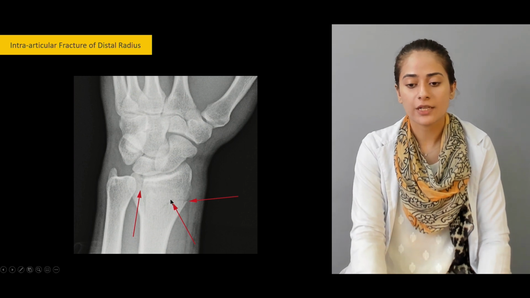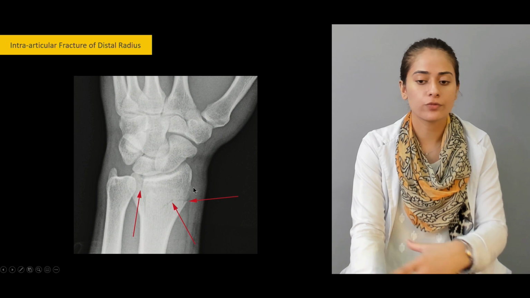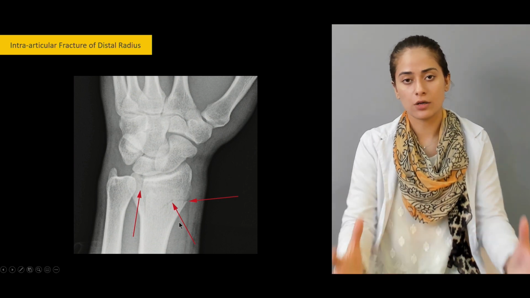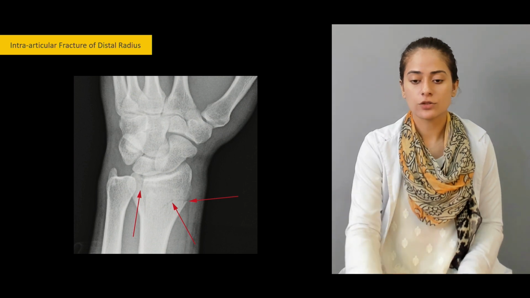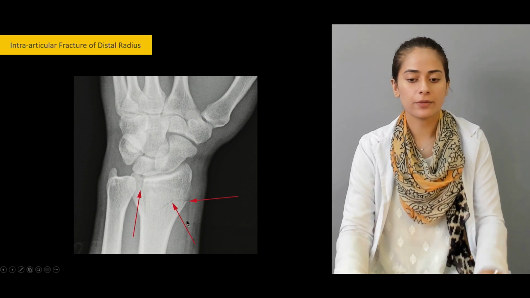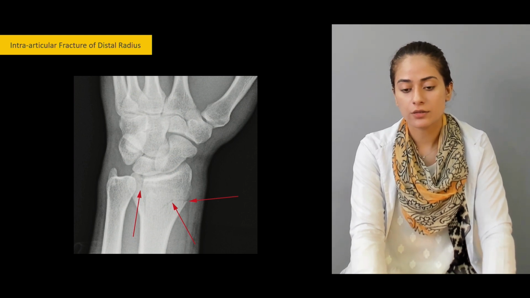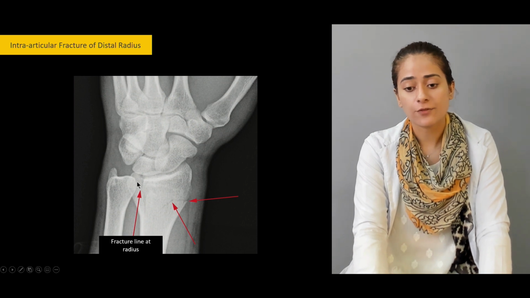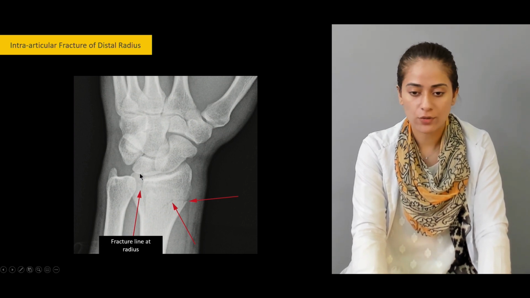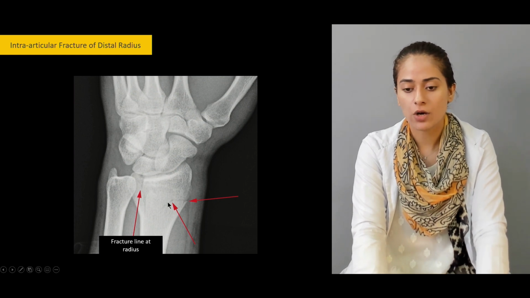So it too can involve the shaft, the neck, or any part of the bone which is outside the joint capsule or joint forming surfaces of the bone. So this is all about the extra and intra-articular fractures of the radius. So let's see. This is the fracture line of the radius, and also the intra-articular fracture line, we can call it.